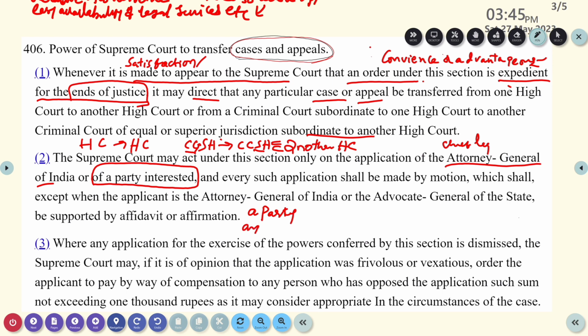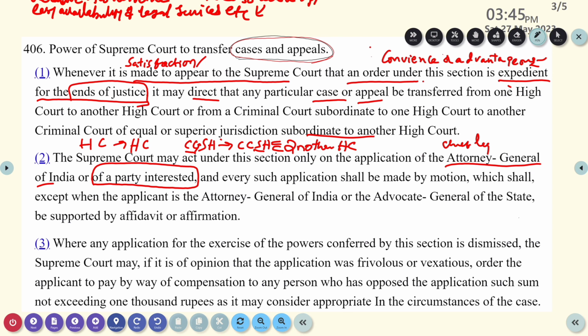In the CPC, it says a party to the proceedings, either party to the proceedings, or any party to the proceedings. These three are absent here. These three words are not here. What is there here?